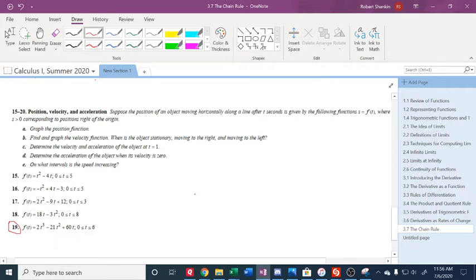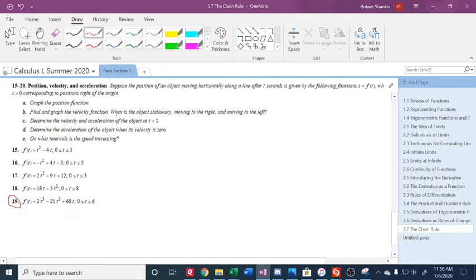Alright, so the position function for number 19 is this one that's right here. And oftentimes F is the same as S, as they were alluding to, so we could replace this F of t with S of t.